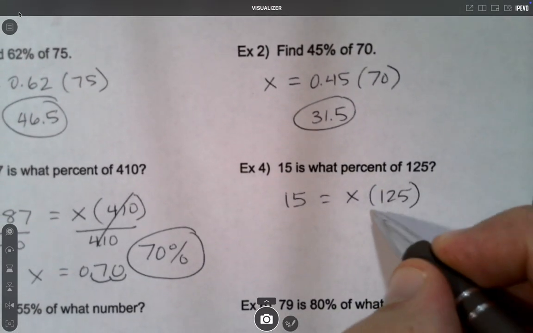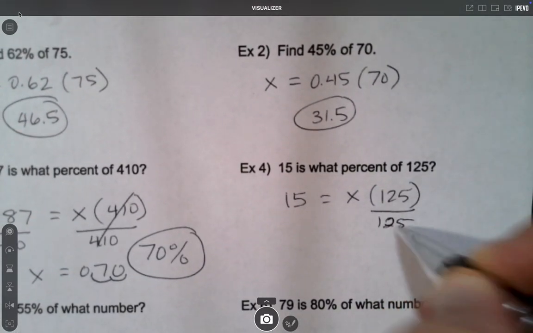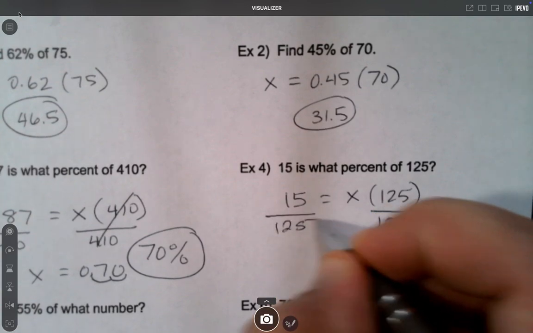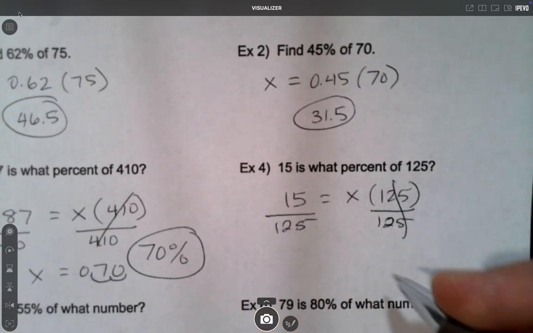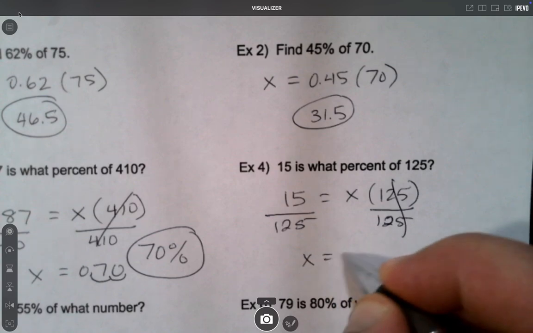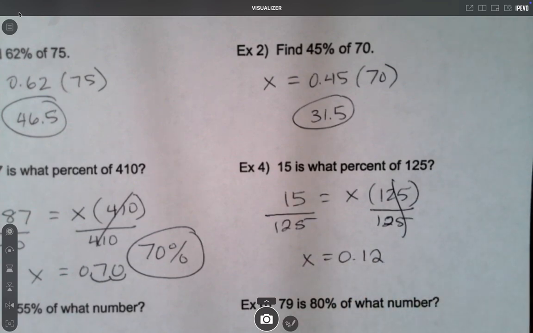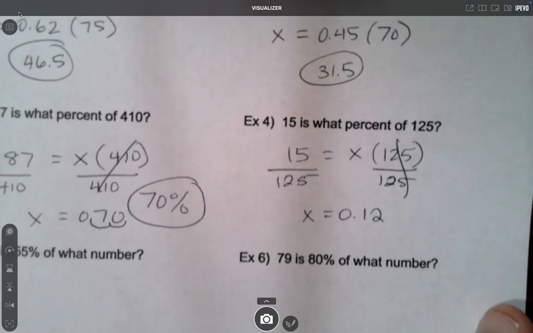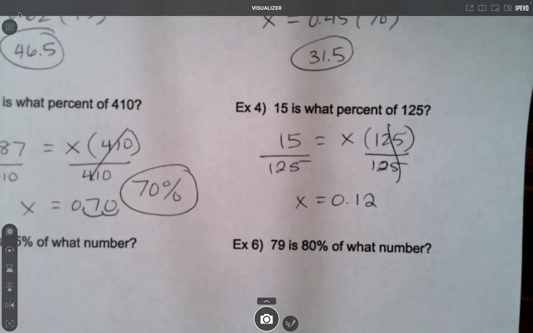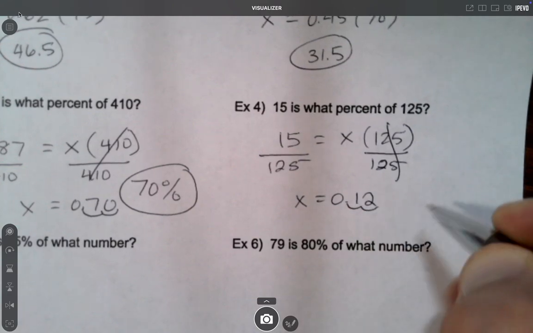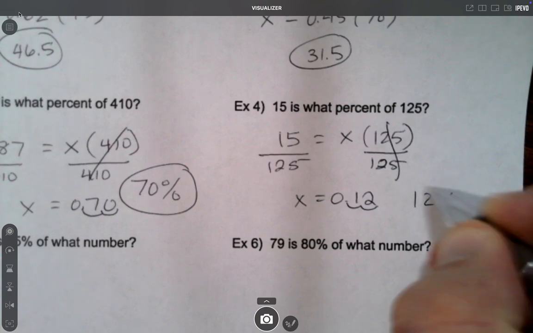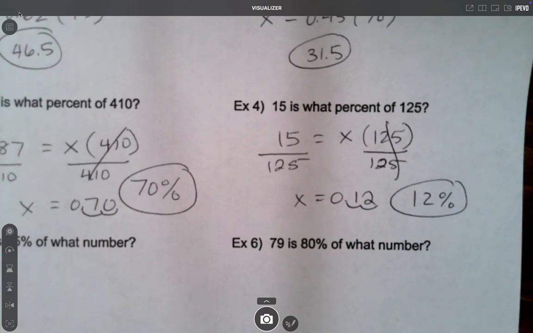So we'll divide both sides by 125. And we get x equals 0.12, which again, that's correct so far, but we don't want to leave it in that form. We want to change it back to percent form, so we move the decimal to the right 2 spots and put a percent sign with our answer.